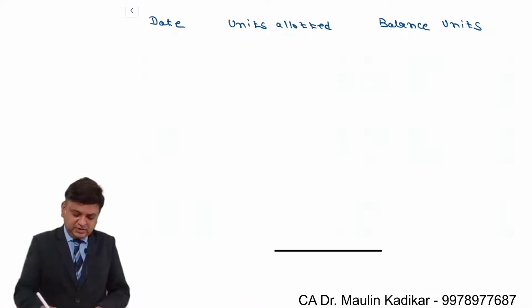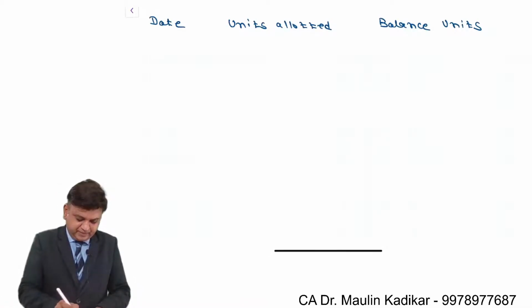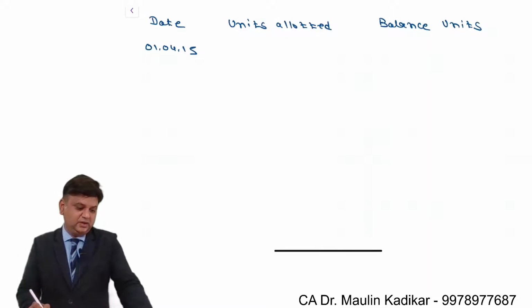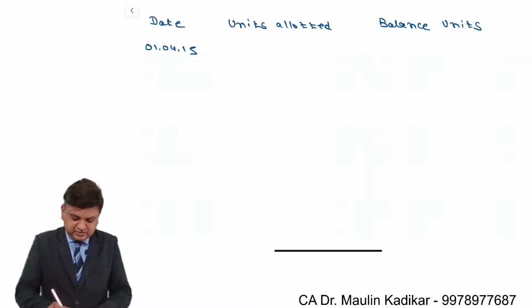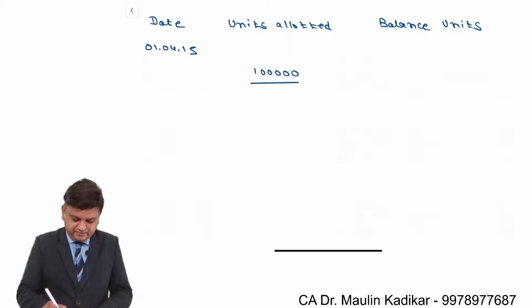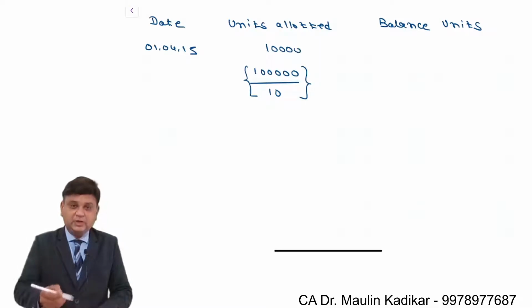Initially, how many units have been allotted? Let us see. That is on 1st of April 2015. That is the date of investment. 1 lakh rupee of the investment made, and NAV, that is a face value, is 10. So 1 lakh upon 10, that comes to 10,000 number of units. So the balance is again 10,000.